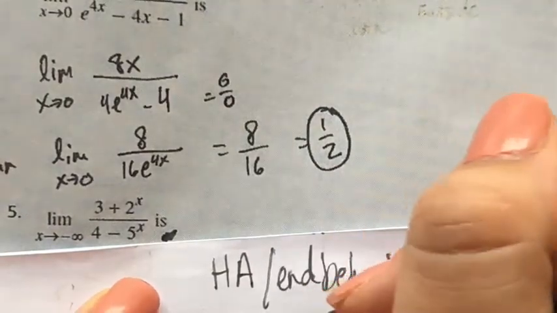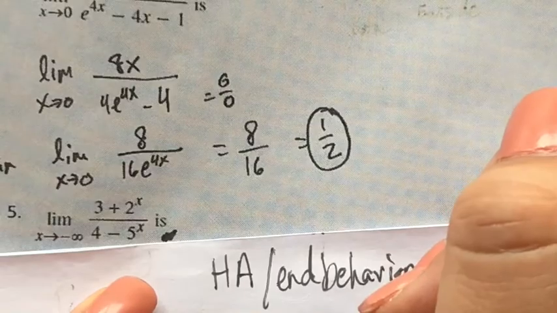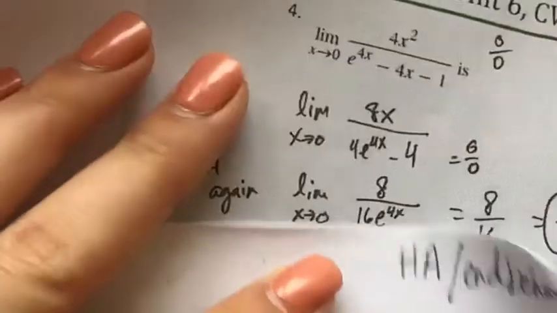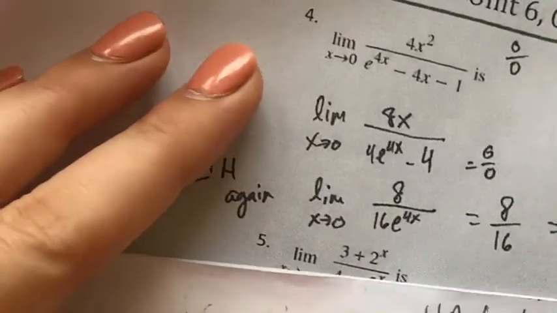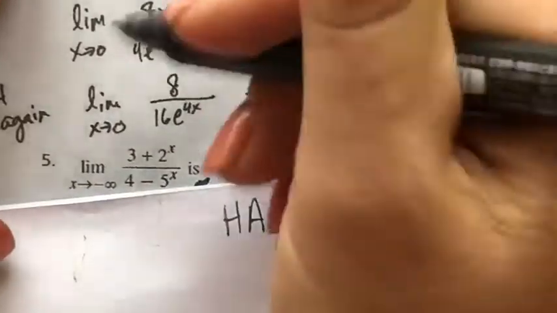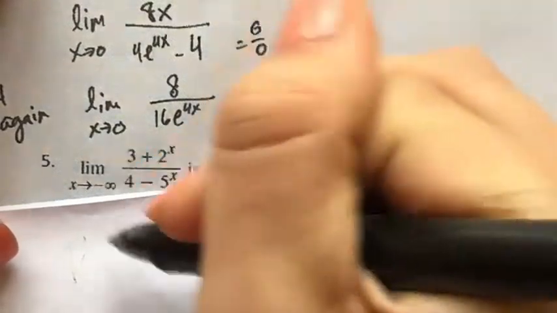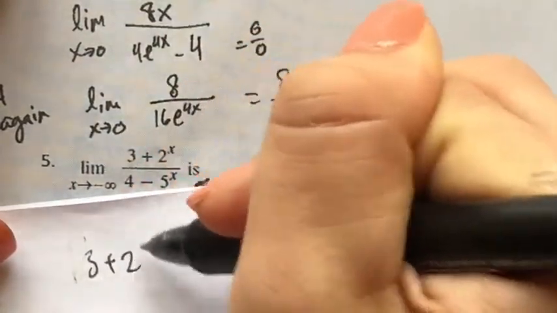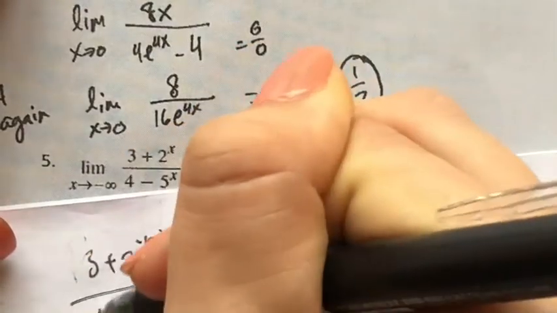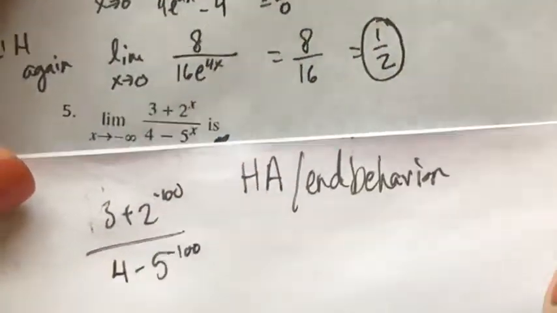It's kind of like which thing dominates. So try to figure that out. What is going to happen if you plug in a negative huge number for x? Try something like 3 plus 2 to the negative 100 over 4 minus 5 to the negative 100. What would that be approaching?